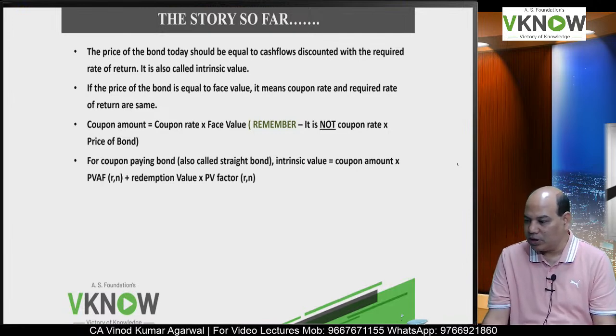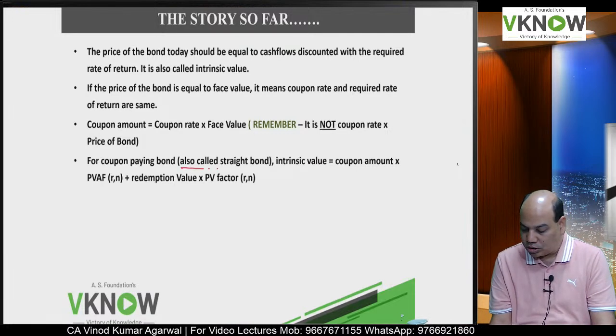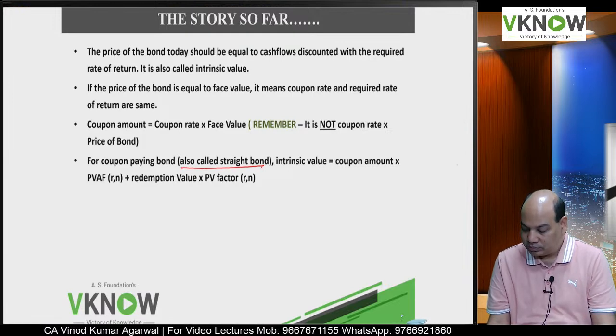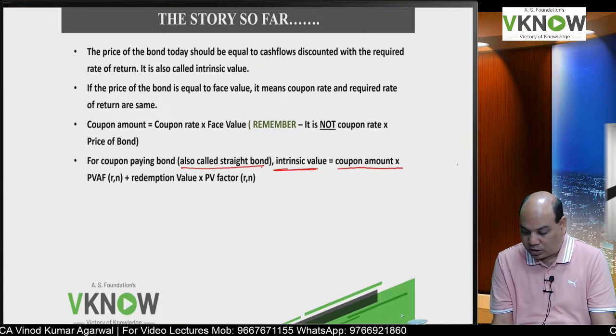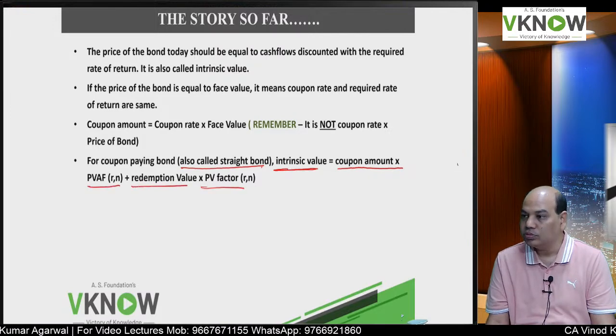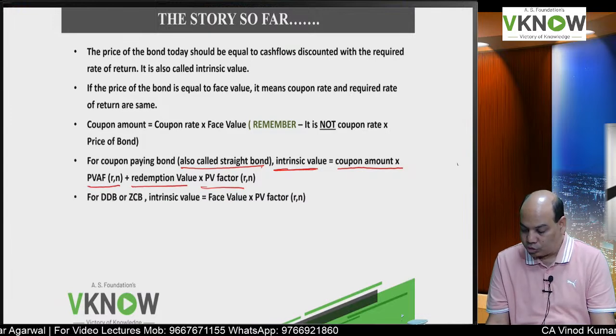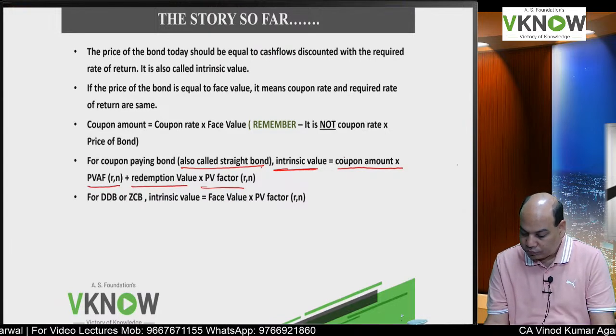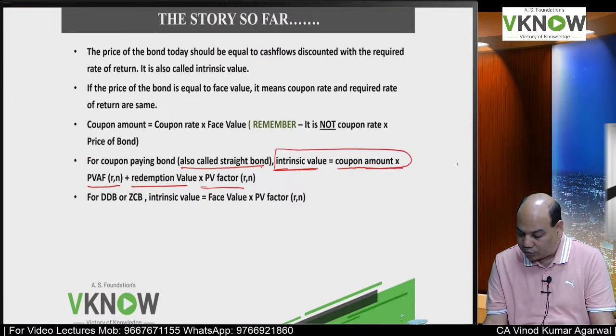And for a coupon paying bond, which is also called a straight bond, the intrinsic value is equal to coupon amount into PV annuity factor plus redemption value into PV factor. You can either use the formula or the tabular format.